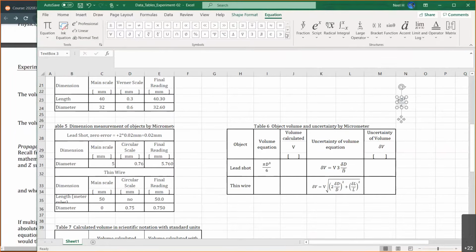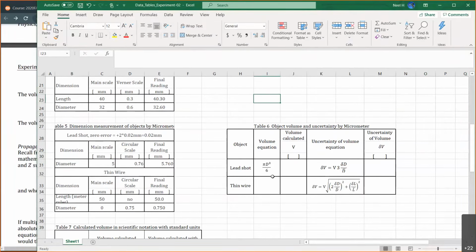Every time you do something new, this menu bar automatically changes. Now you should be on the equation menu bar. If you do it online, then this may be completely different, or maybe you cannot do this at all with the online version. That I don't know. You need to take a look at that, and you can ask me later if you still have the same problem.